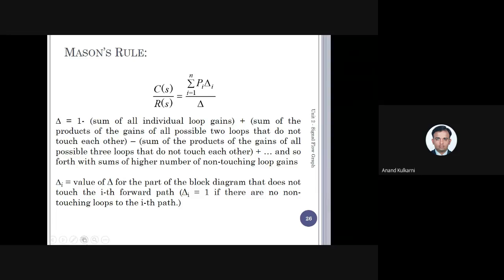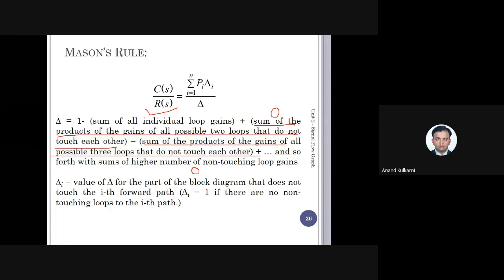This entire part and this entire part, they are 0. This is 0 and this one is 0. Only this is existing.